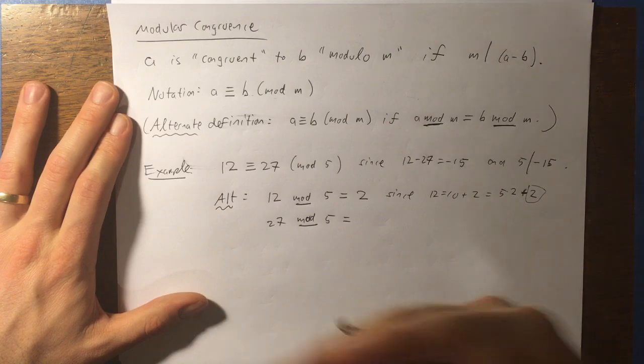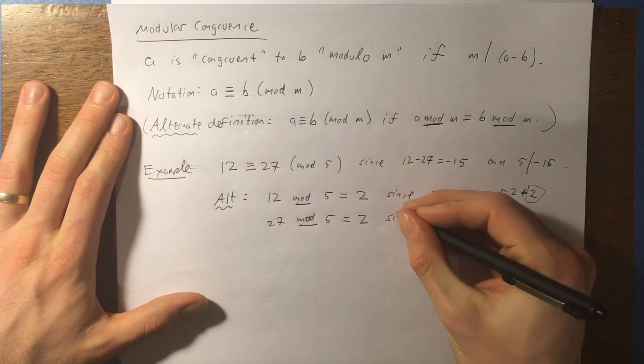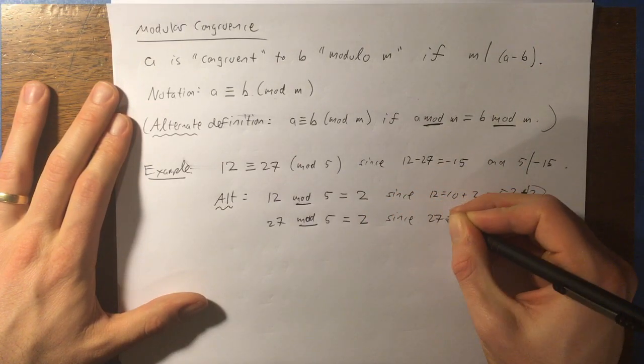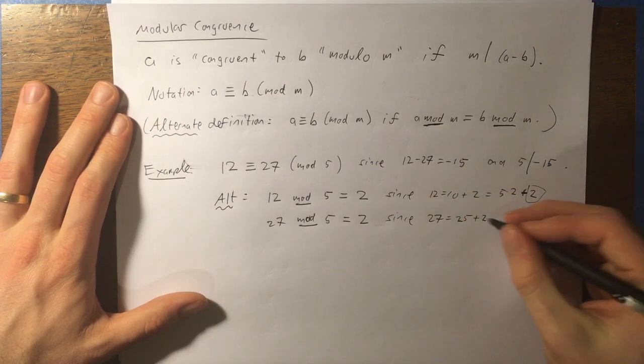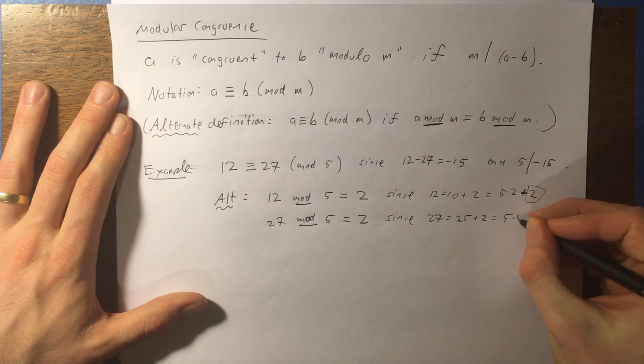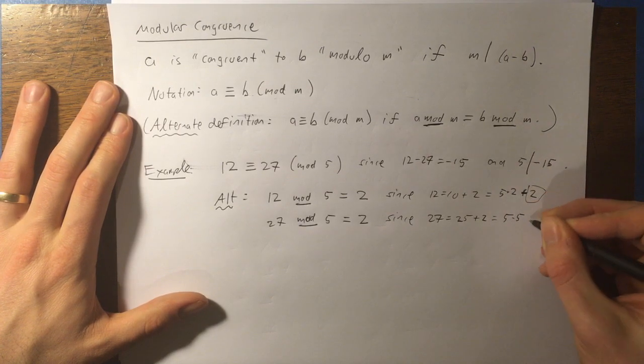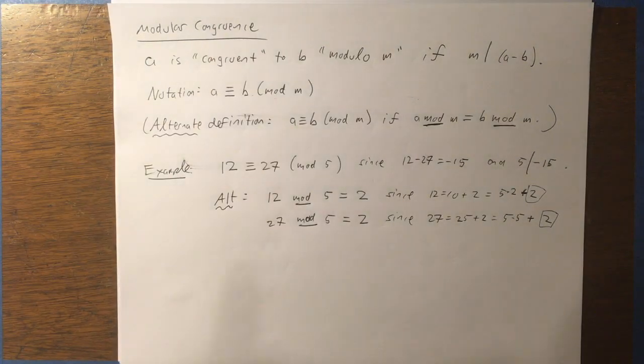Well, 27 is 25 plus 2, and 25 is a multiple of 5, that's 5 times 5, and then plus that 2. So they have the same remainder when you divide by 5. That's the definition of being congruent modulo something.